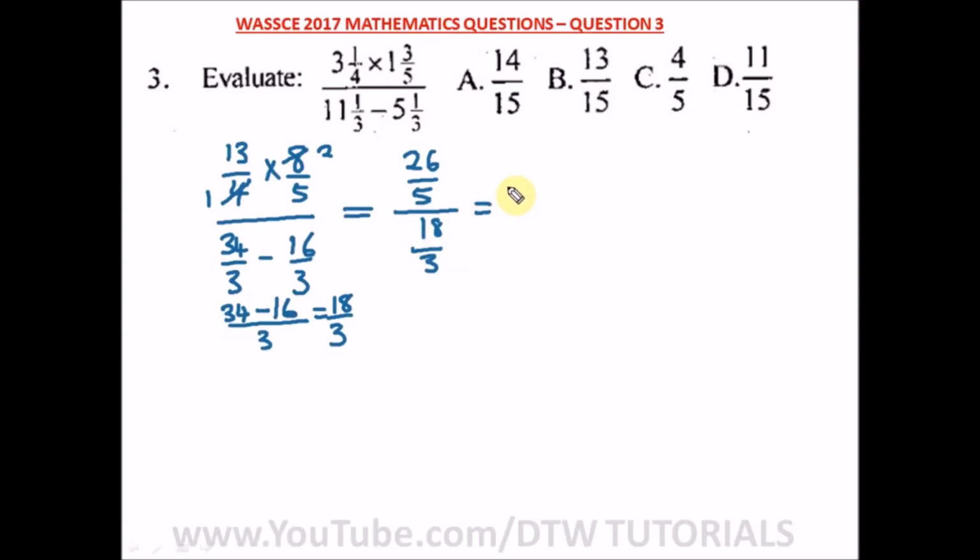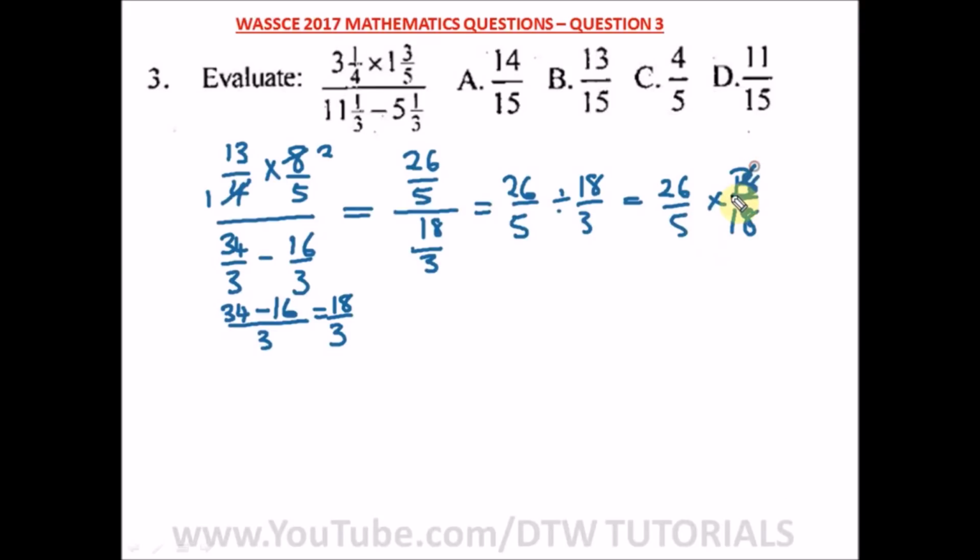So you know this is division, where we have 26 over 5 divided by 18 over 3. So we have to change this to a multiplication sign. So what do we have here? We have 26 over 5 times, sorry, that would be 3 over 18.